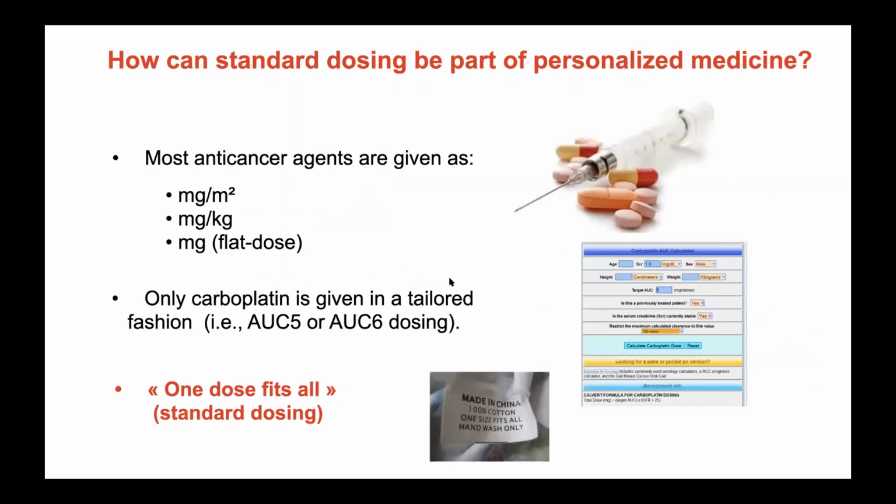But for now, I will focus first on the pharmacokinetics modeling, and it's based on this quite provocative statement: anti-cancer agents are actually given on a one-dose-fits-all basis, which is sometimes adapted to the body surface area or the weight of the patient, but in still many cases as a flat dose.